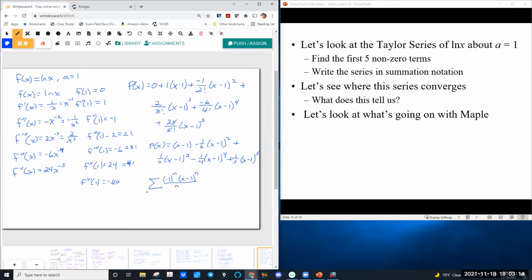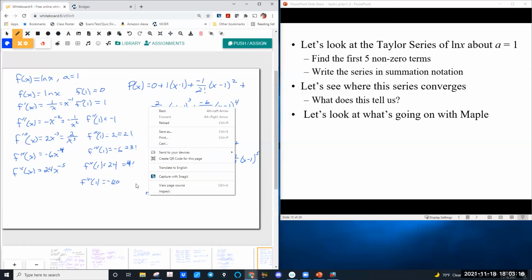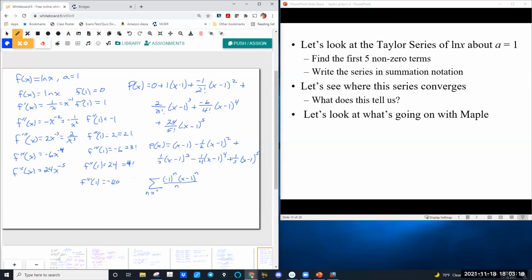Now we'd want to start this at n equals 1. The only problem is the alternating sign, because that's going to force this to start on a negative. So all we have to do to fix that is add 1 to the exponent, which makes it start on a positive. So that would be the infinite series of ln of x centered about 1.